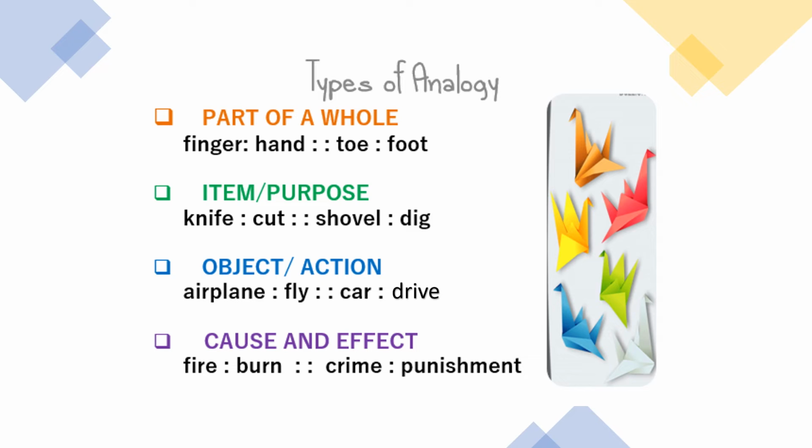Under part of a whole, we have finger is to hand, as toe is to foot. Item to purpose, we have knife is to cut, as shovel is to dig. Under the type of object and action, we have airplane is to fly, as car is to drive. Under cause and effect, we have fire is to burn, as crime is to punishment.